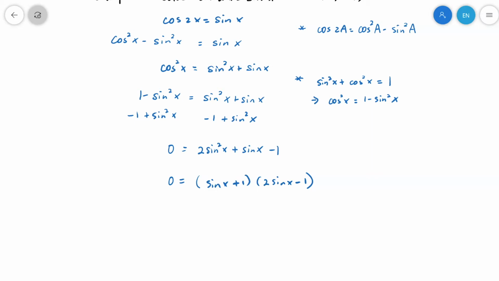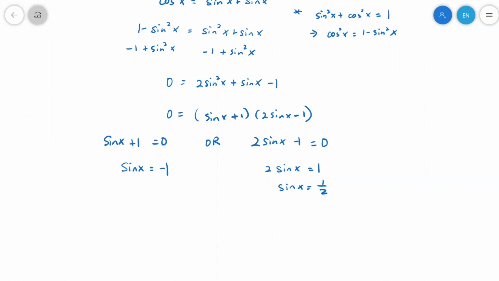Using the zero factor property, that tells me sine of x plus 1 equals 0, or 2 times sine of x minus 1 equals 0. Solving them individually, I got sine of x equal to negative 1, and 2 times sine of x equals 1, so sine of x equals 1/2.